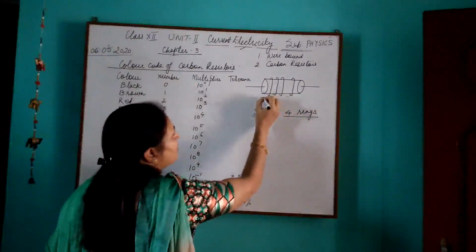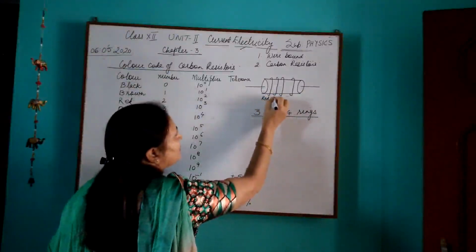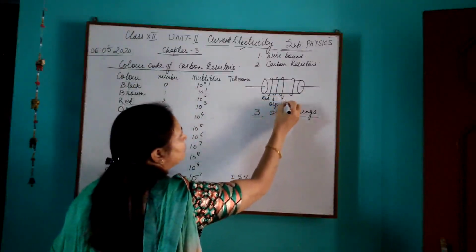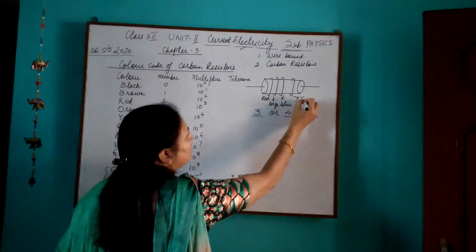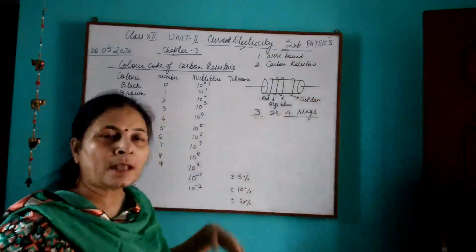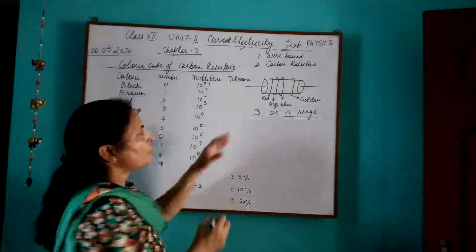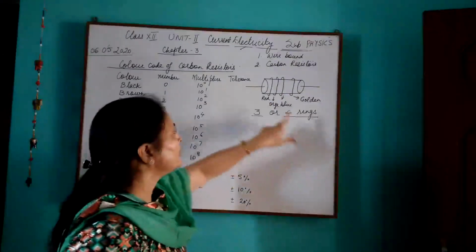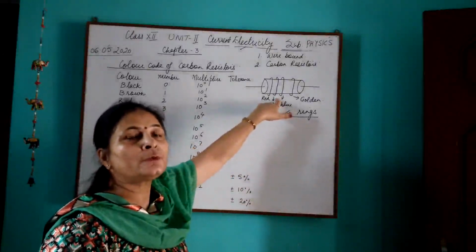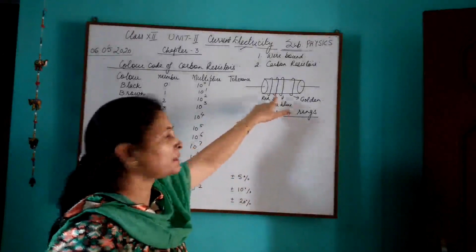So let us suppose this is red. Say this is orange. Say this is blue. And this is, say, gold. We will take an example of 3 rings also. So how will you determine the value? See, first 2 rings will represent the first 2 digits of the resistance.